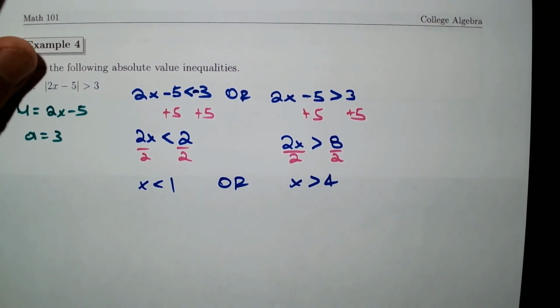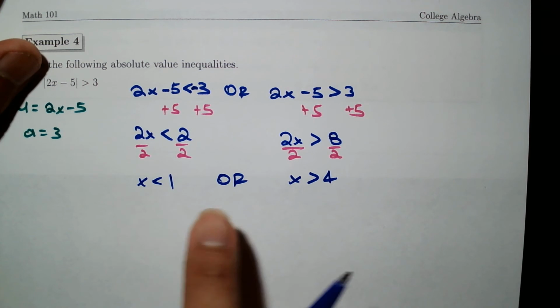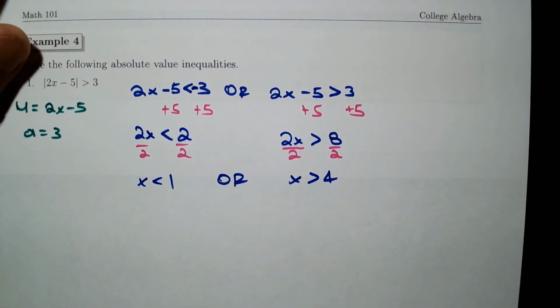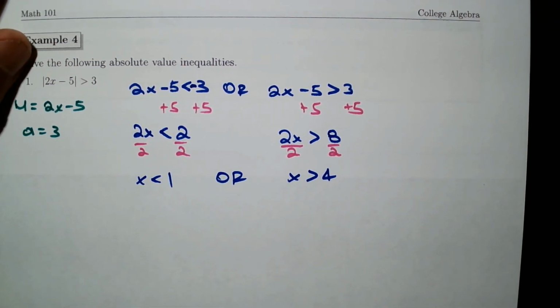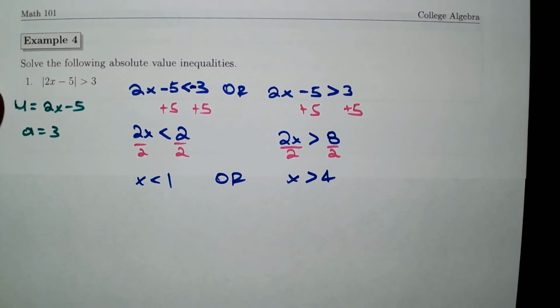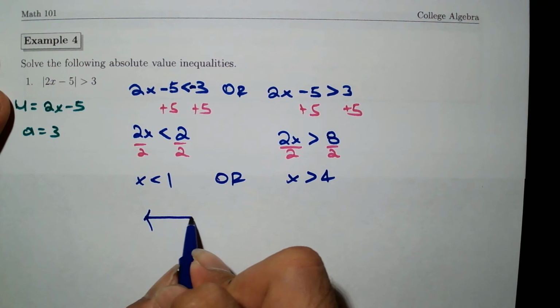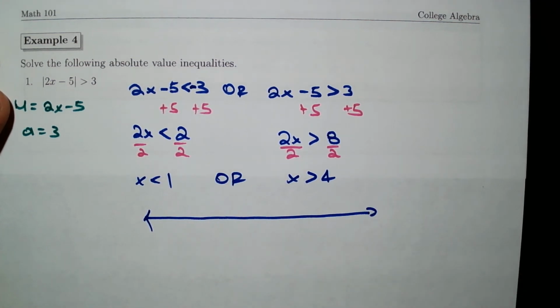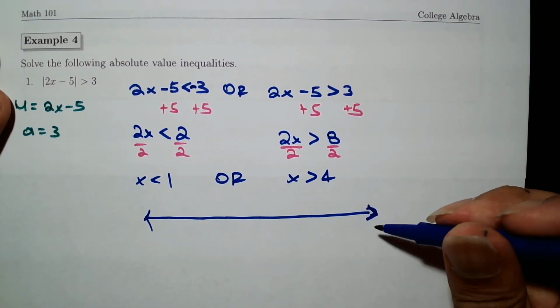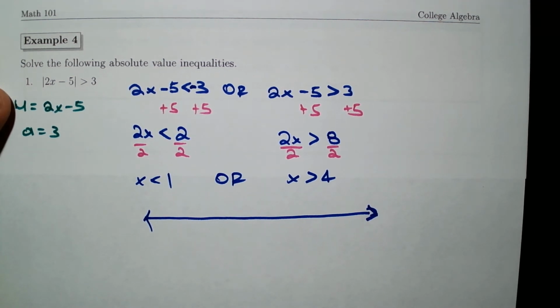Now we need to represent this using a graph and using interval notation. But for this case, first of all, what we are going to do is represent this on a number line, because from the visual of the graph it will be better to look at the interval notation for this.